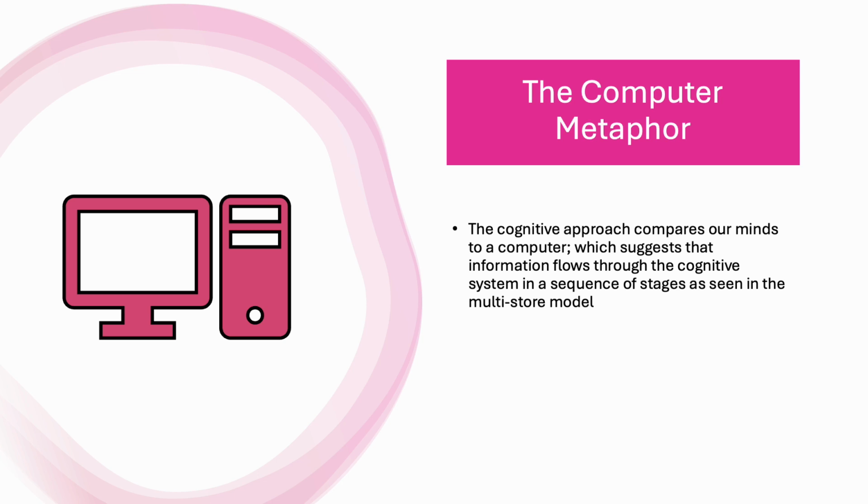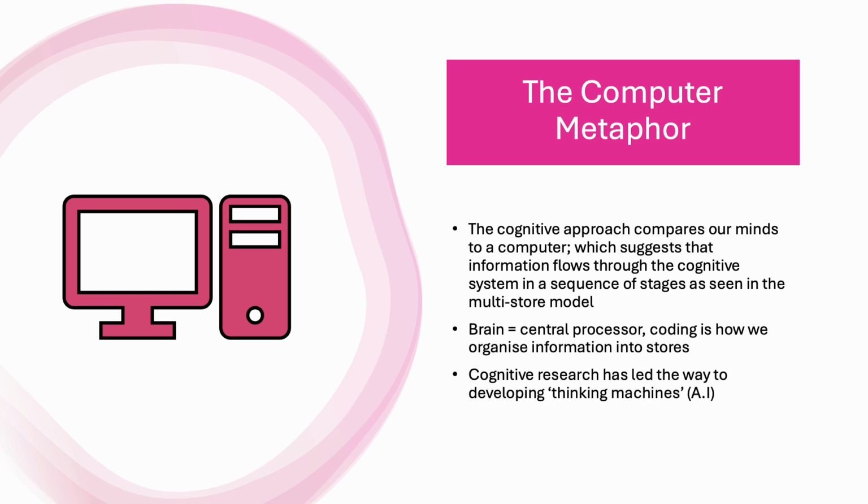So they suggest information flows through a cognitive system in a sequence of stages. And I'll refer to the multi-store model a lot in the cognitive approach because it is the perfect example for you to understand what a computer metaphor is, but also the use of theoretical models and inferences in human behaviour. So the cognitive approach believes that the brain is a central processor, and then we code, just like a computer, we organise information into different stores.